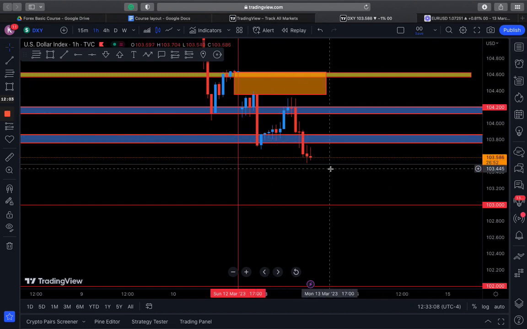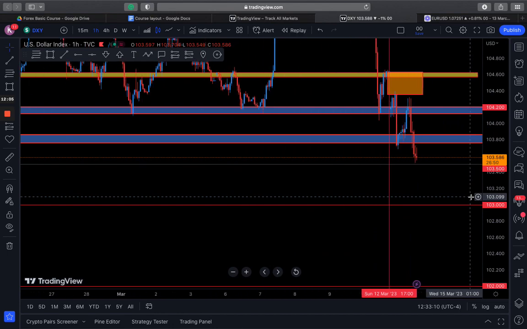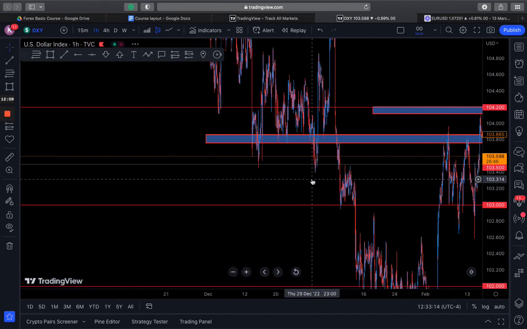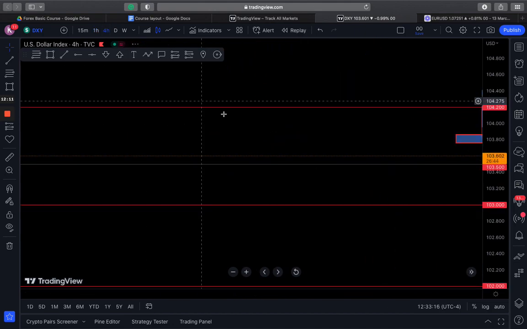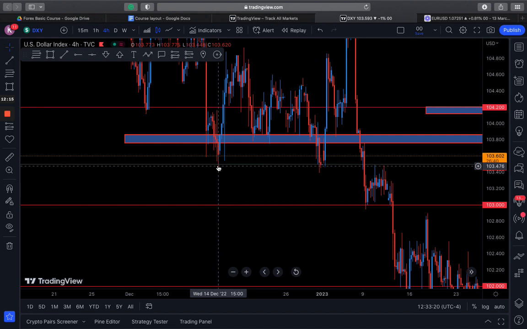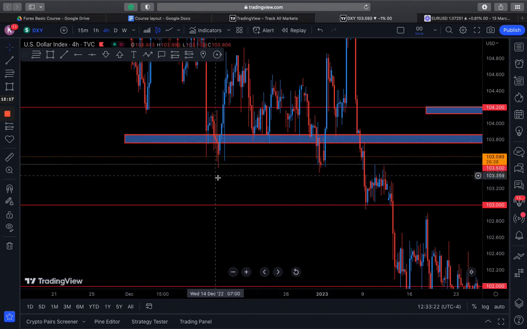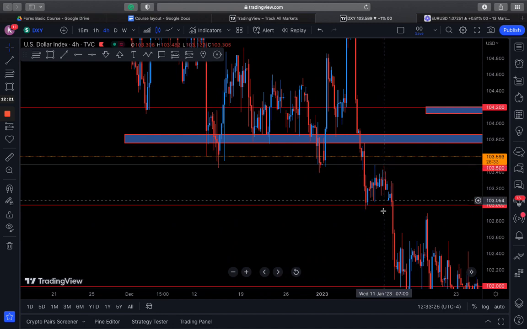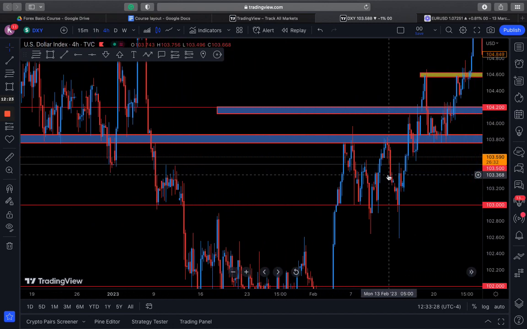Right. So boom. And when we look at this area here, this 13500, you're probably wondering, where did this come from? This area came from, look, if we zoom out, let's just go to 4 hour. And we can look here, these wick rejections as resistance, or my bad, support, breaks below, use it as resistance, right?